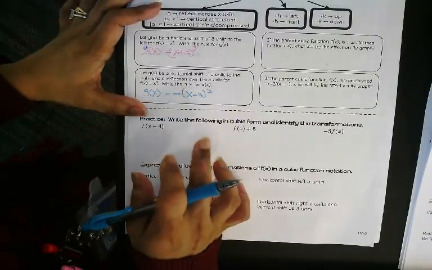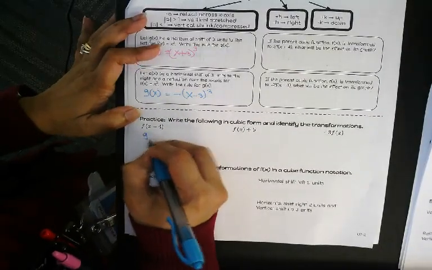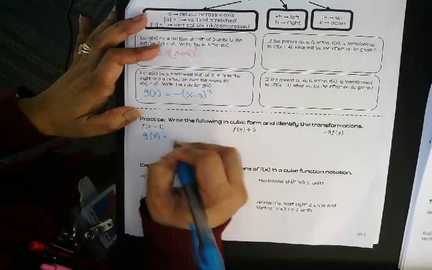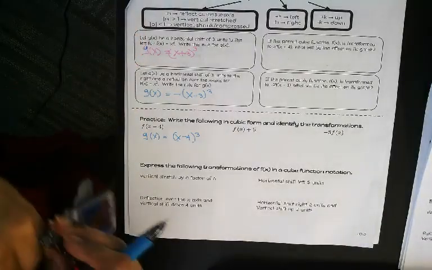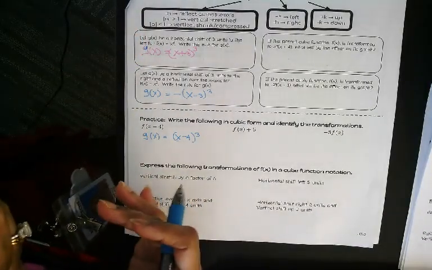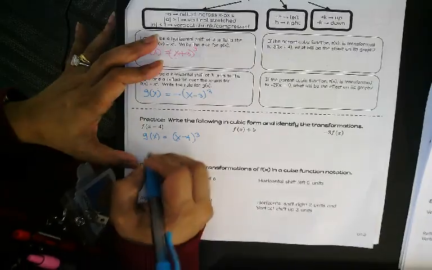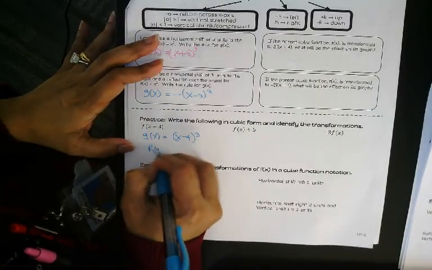Over here, these are also the transformations. You have to write it as a cube function. So the new function is going to be g of x is equal to x minus 4 whole cubed. And you have to write in words what the transformation is. What is the transformation over here? Right 4.